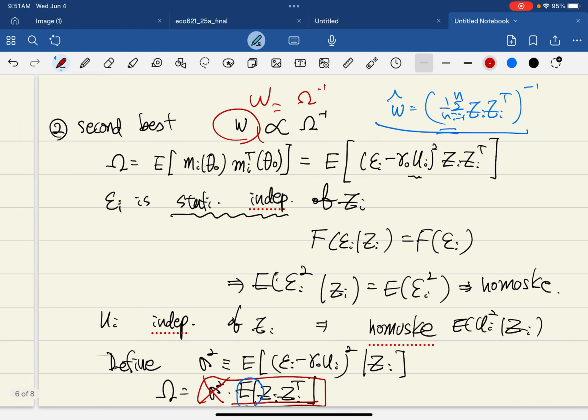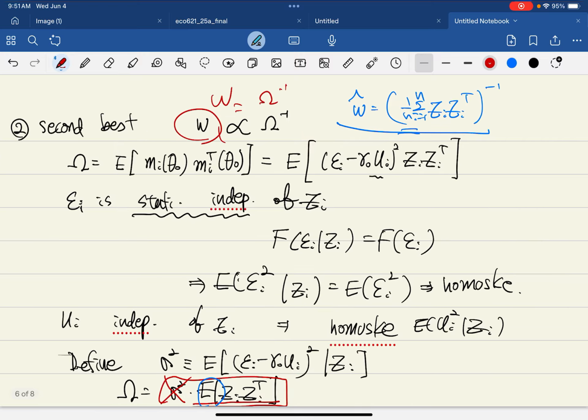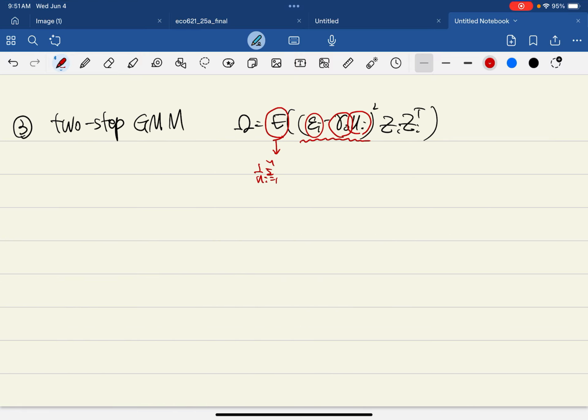The idea is, they are coming from here. What we want to do is estimate this part using a preliminary estimator.